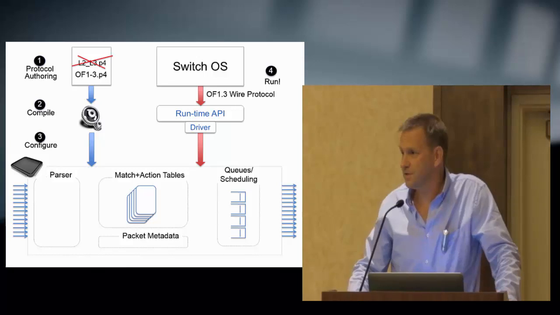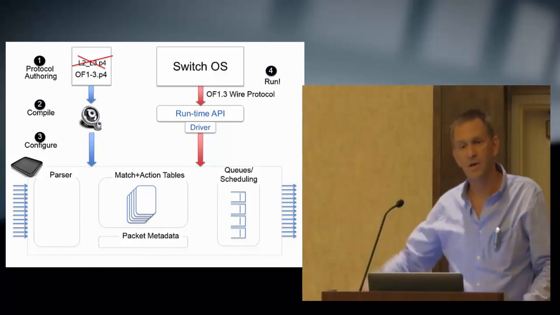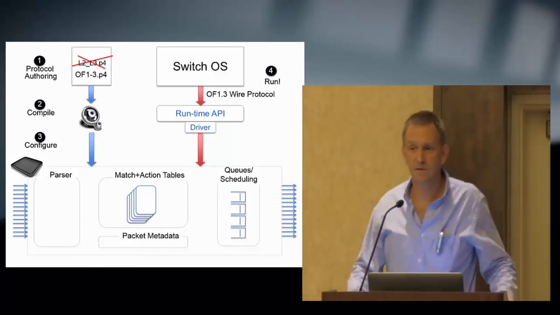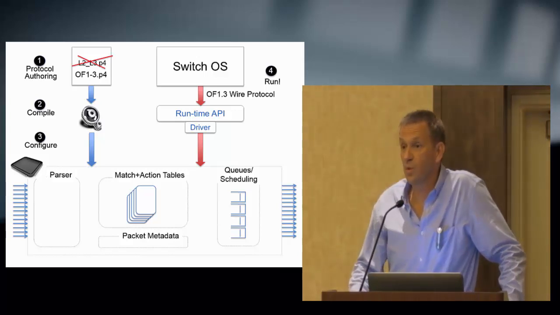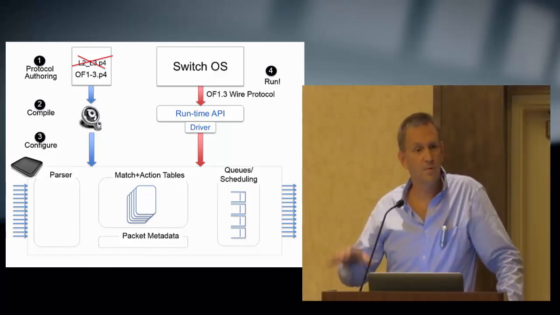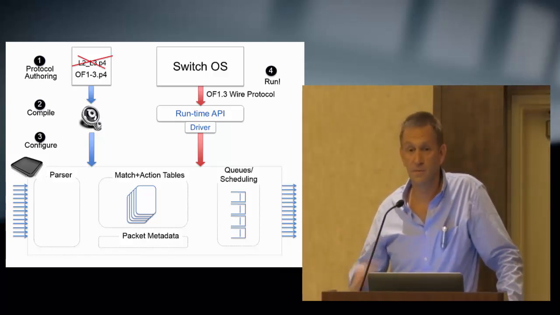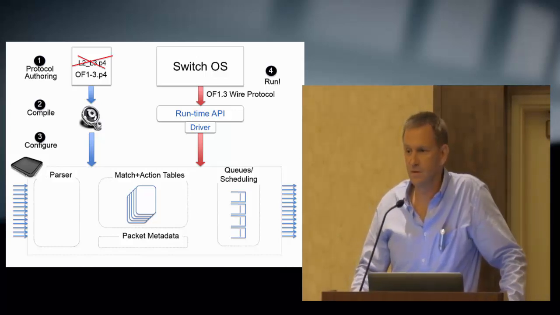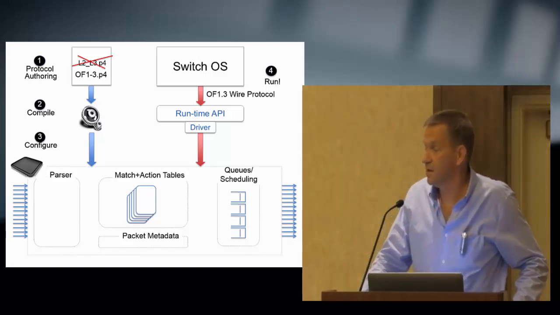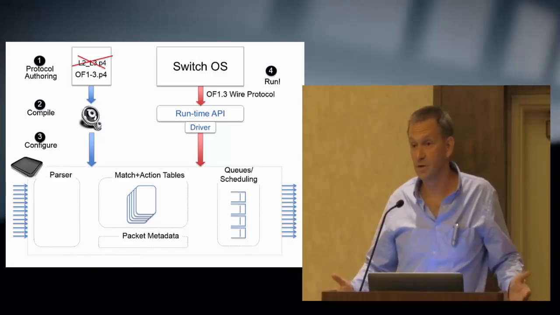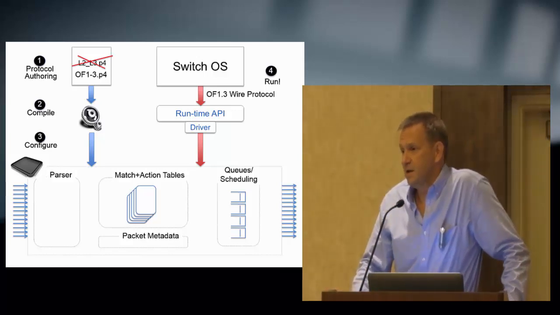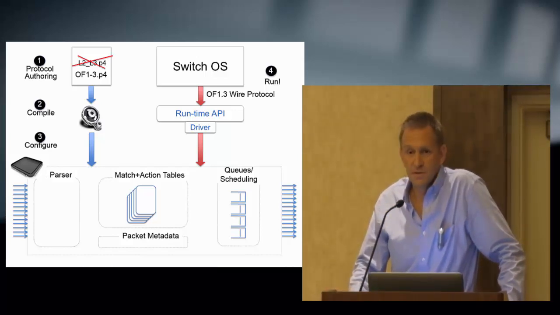And I'm interested in this possibility way down the road as a way to unambiguously describe what we mean by OpenFlow 1.3, 1.4, 1.5. I'm not here to propose that today, but I think it's something to think about and bear in mind, because then you actually have an executable model that you can test against, and so you've got an unambiguous specification.